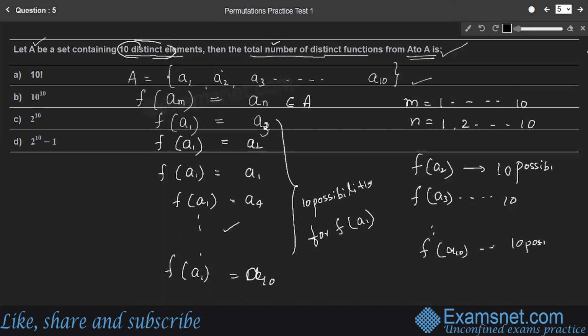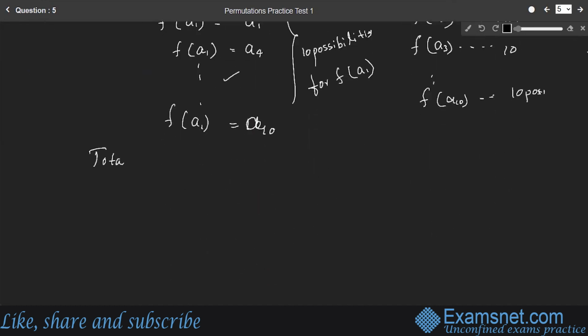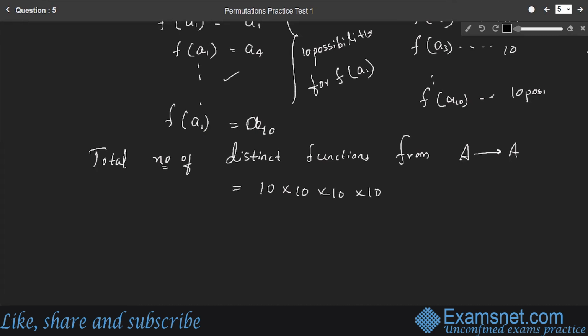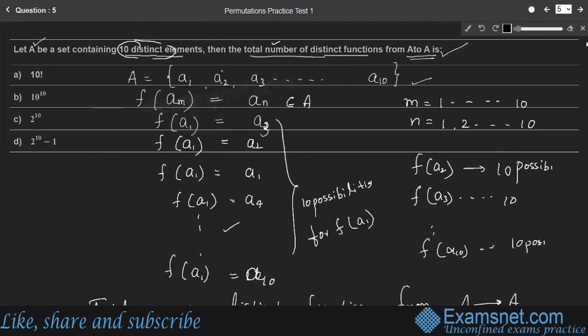So here the question is the total number of distinct functions from A to A. Therefore, the total number of distinct functions from A to A is the product of all these possibilities, that is 10 times 10 times 10, and so on, ten times, which is 10 raised to 10. So f of A2 can be equal to A1 or A2 or A3, up to A10.